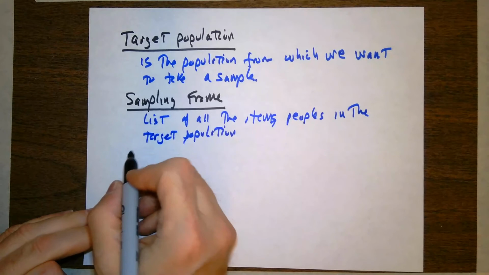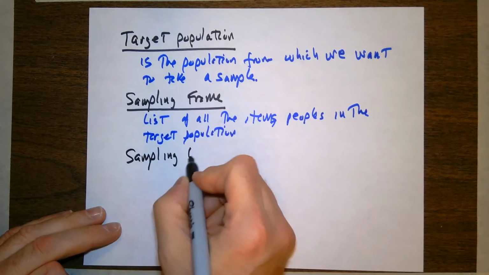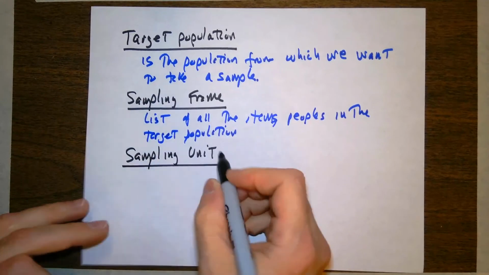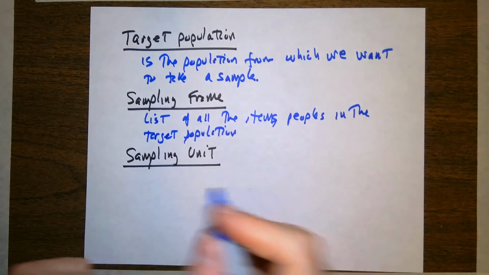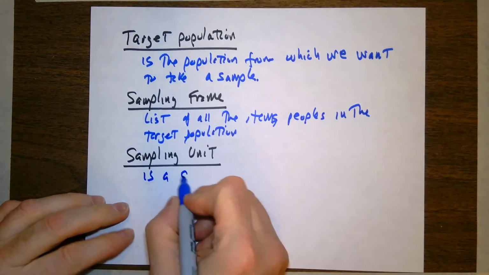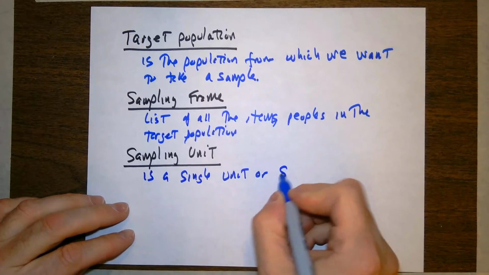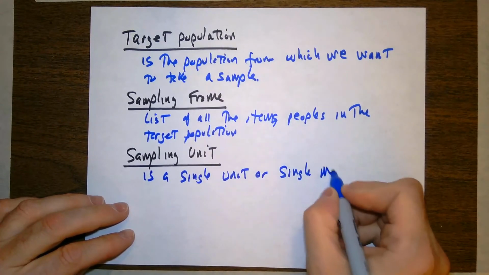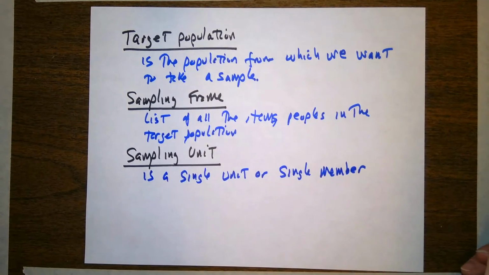A sampling unit is a single member or single item, a single unit or single member of the sampling frame.